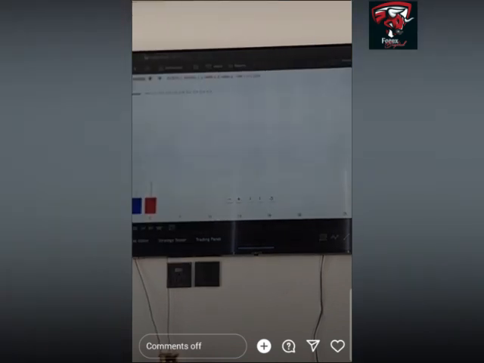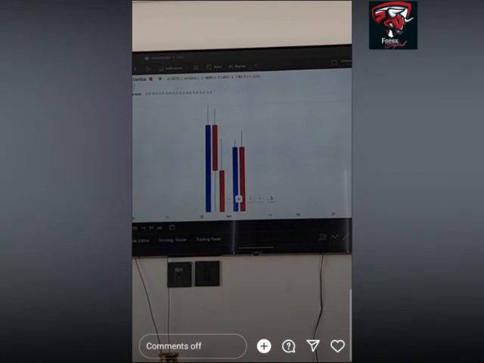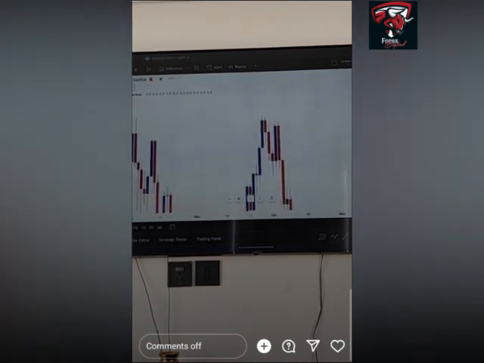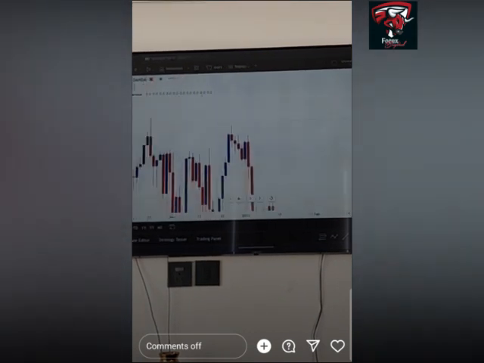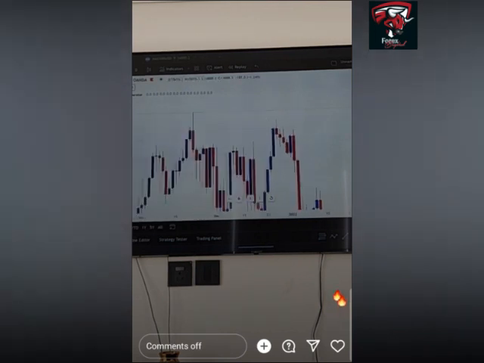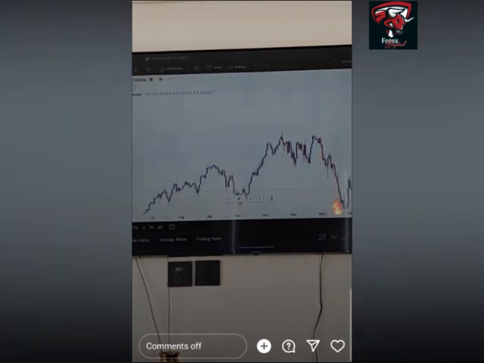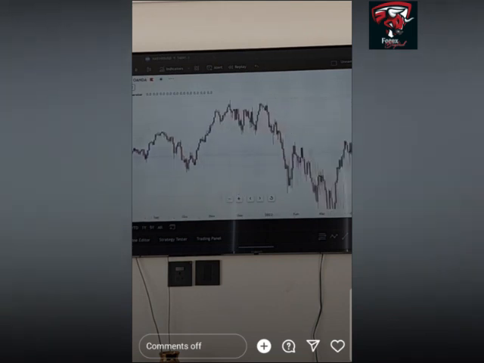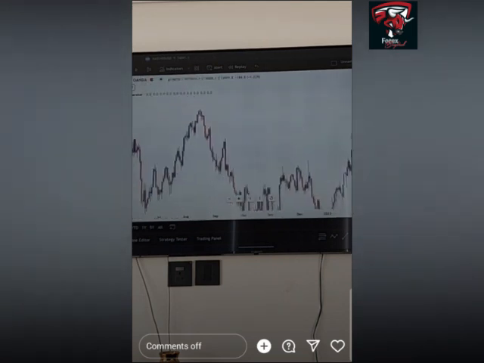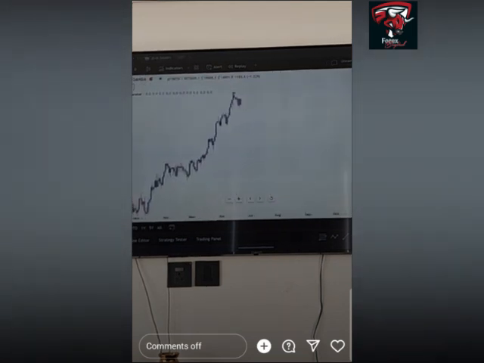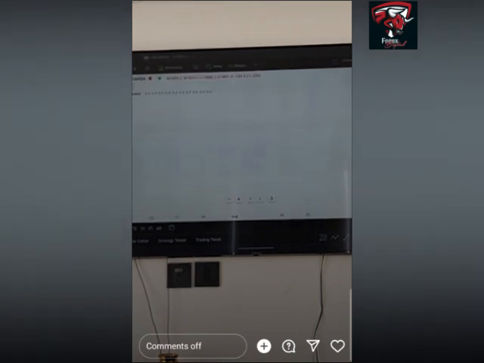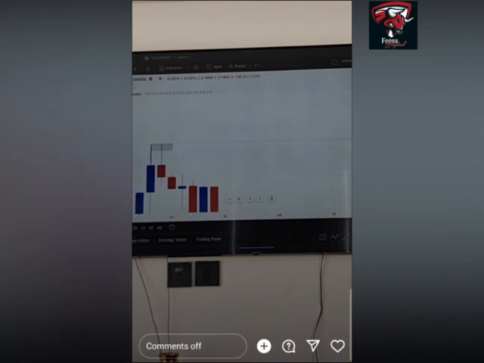So if we go back to the daily time frame, right, where we had our trap, no, so where is our trap? There. So this is now where we would have gotten involved.